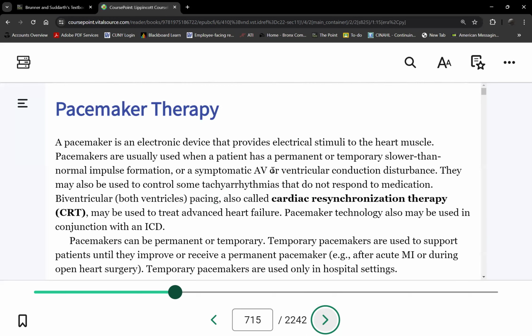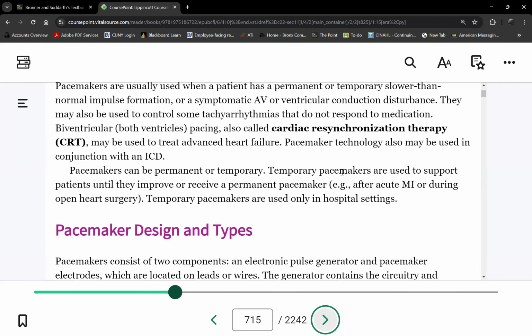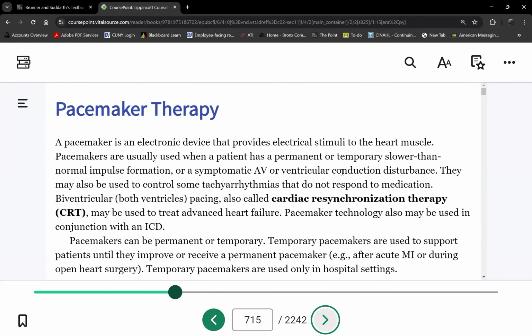Pacemakers. Now we'll describe 3 types of pacemakers. So we have 2 types of temporary, and then there's 1 permanent. A temporary pacemaker is the same machine we use as a defibrillator or the cardioverter. That can also serve as a temporary pacemaker.